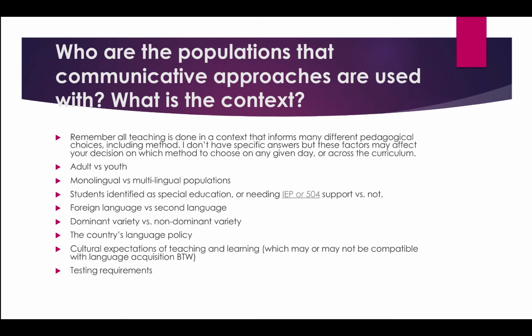Okay, because it involves who are the people who are talking, what are the social relationships that are involved. Okay, the country's language policy. So it's kind of tied to dominant and non-dominant varieties, but if there are politics and actual policy involved, that is going to skew you towards certain methods versus others.